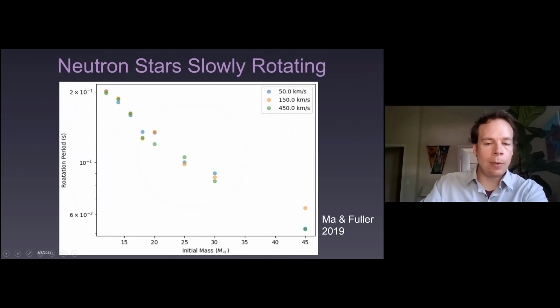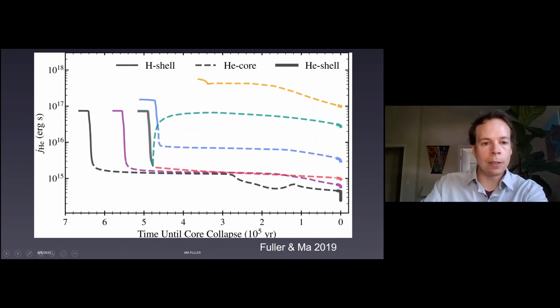And the story is similar for massive stars that form black holes. So here what I'm plotting, these are very similar models, but now I'm plotting the specific angular momentum of the helium core of the star. And so what happens is the star evolves off the main sequence, and then it loses almost all of its angular momentum due to these processes.